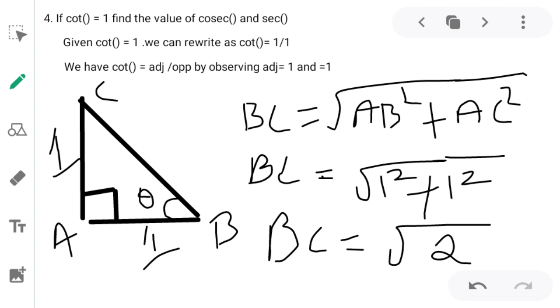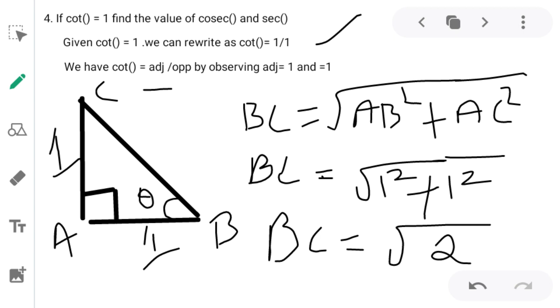By observing these two, that is cot theta equals adjacent by opposite and cot theta equals 1 by 1, the adjacent in the numerator is 1 and the opposite in the denominator is also 1. Here we have to find the hypotenuse.